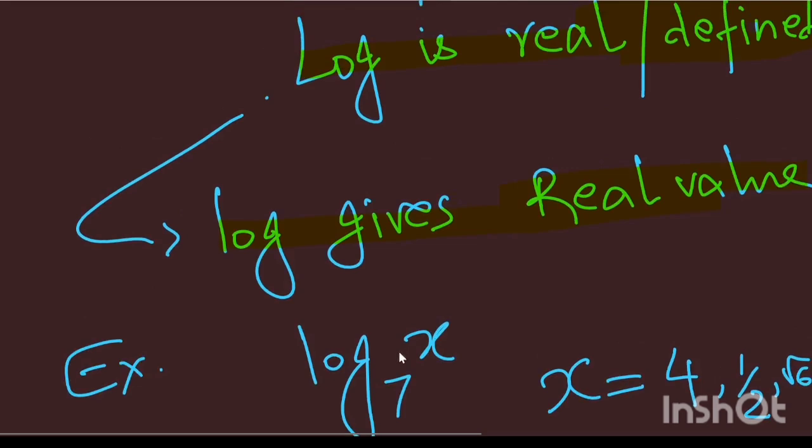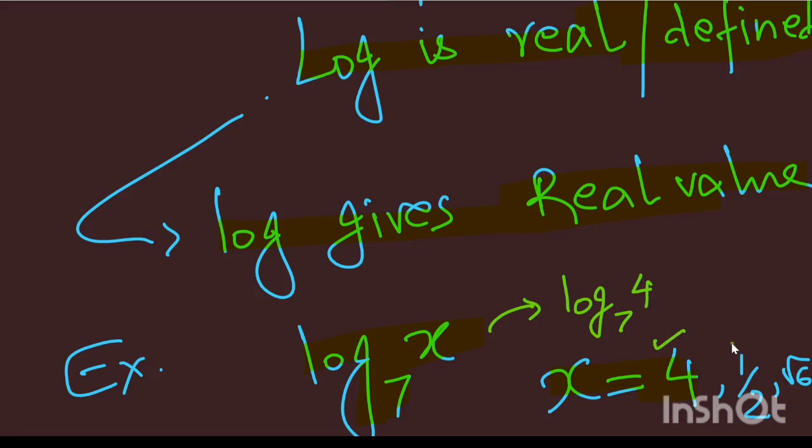For example, for log x base 7, if I substitute x = 4, what value will it give? Will it be real or not? We have seen the definition that the argument should be positive. Therefore this will give a real value.